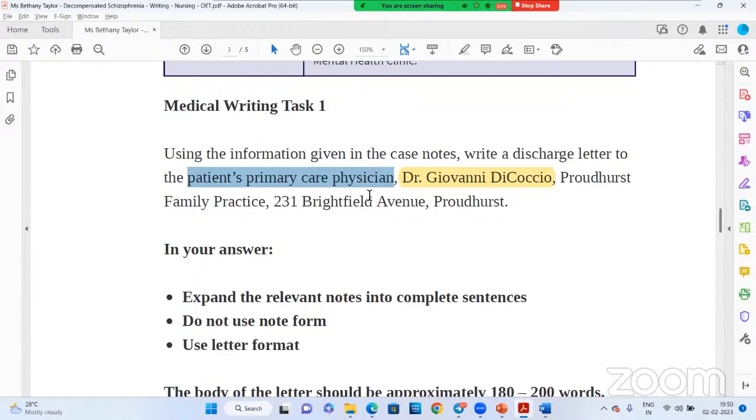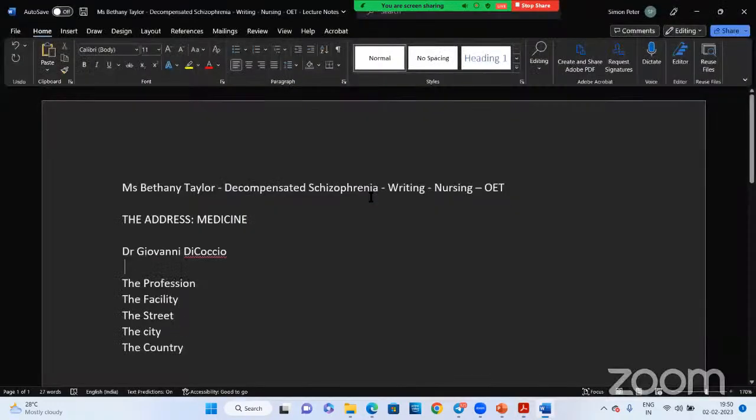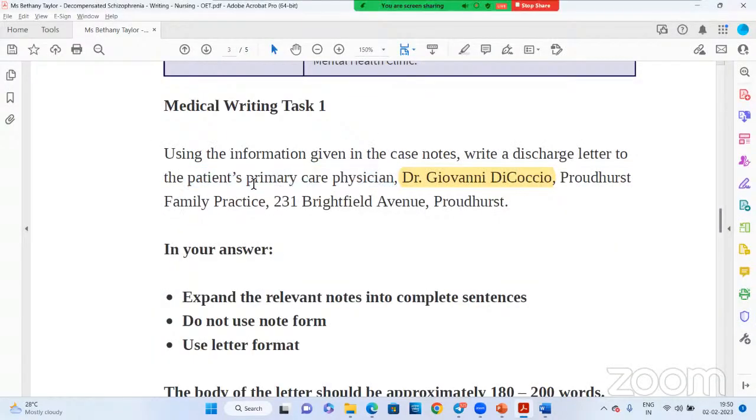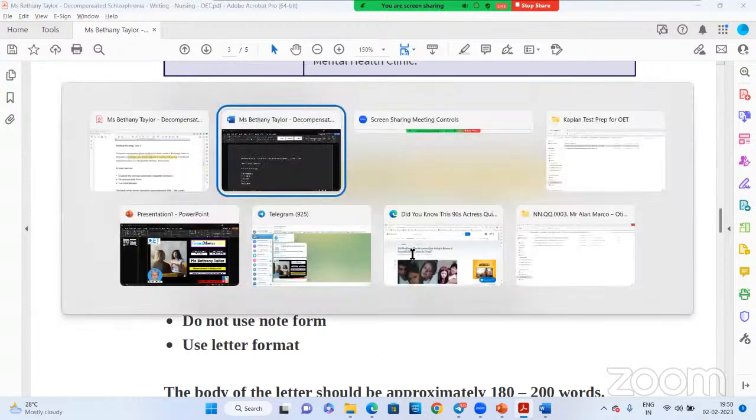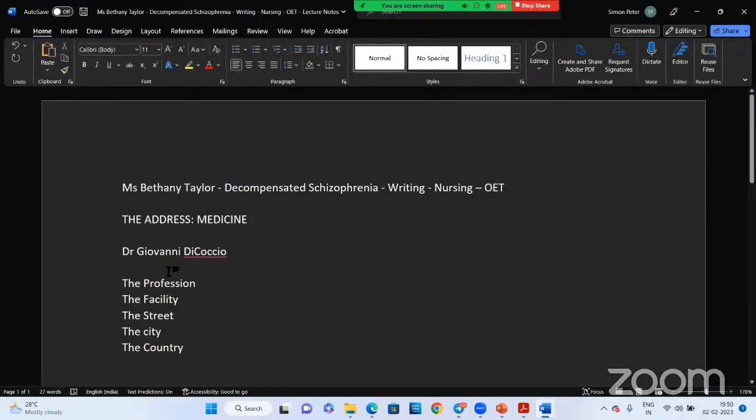So here we'll take primary care physician. That is the profession. We got the profession now. What are you supposed to do here?